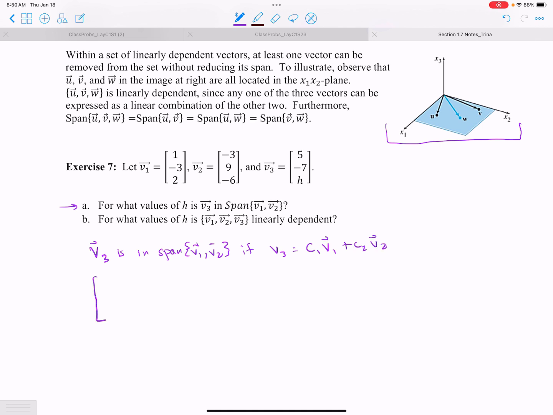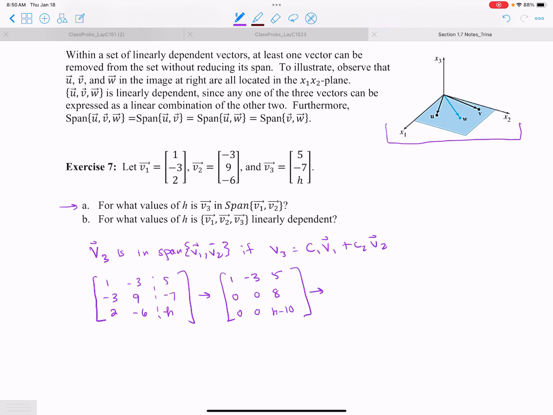In an augmented system, I put my V1 first, and then my right-hand side is the V3, so 5, negative 7, H. If I row reduce this, I will get 1, negative 3, H, and then 0, 0, 8, and then 0, 0, H minus 10.